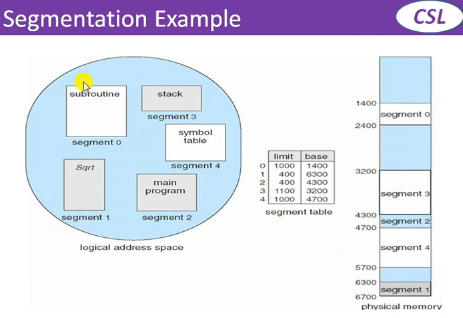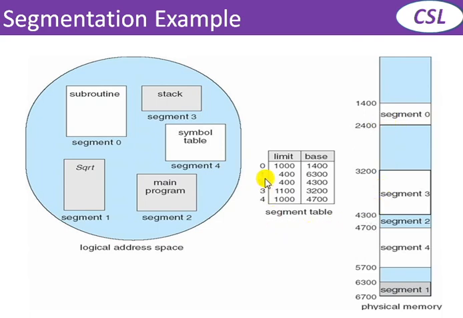See, segment 0 is the subroutine segment. Segment 0's base address is 1400. 1400 is the starting point in the physical memory, and its size is 1000 bytes. So starting at 1400 plus 1000, 2400 is the end. This is the starting address and this is the ending address. This area is occupied by segment 0.